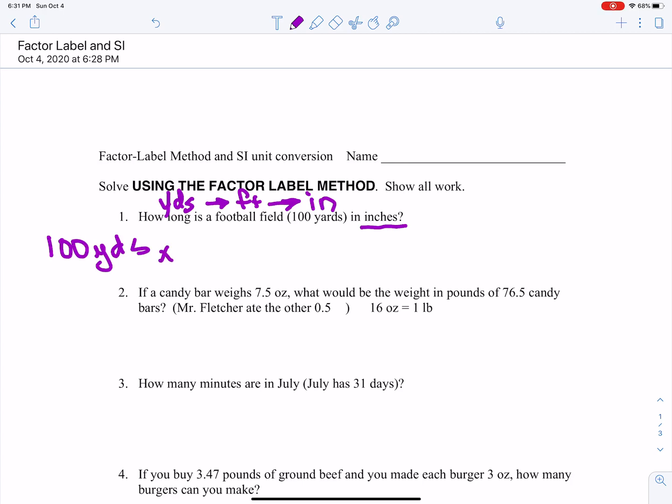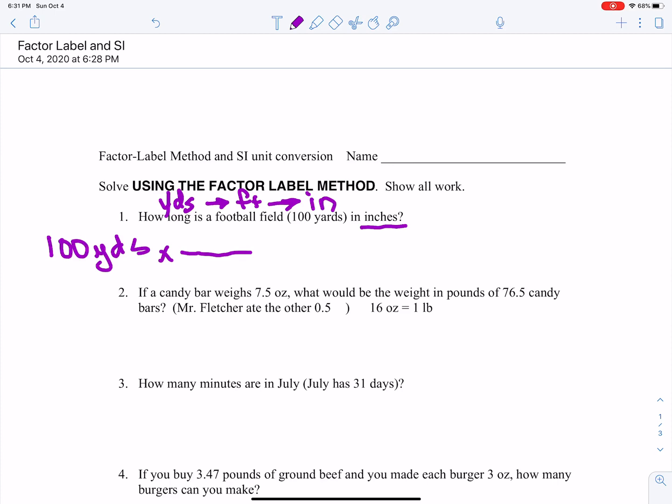Now some of these conversion factors you have to look up. So it's okay, use the internet to look them up if you don't know them. You won't be expected to know them. The only ones that you'll be expected to know are the ones like the metric system, what we've been learning, like 1 meter is 100 centimeters, 1 liter is 1,000 milliliters.